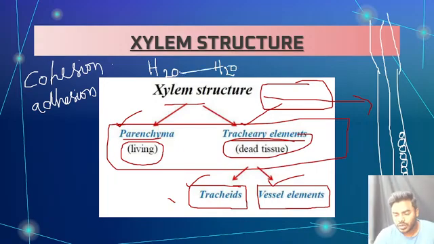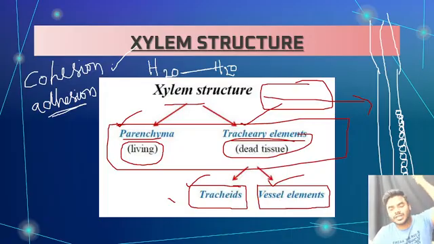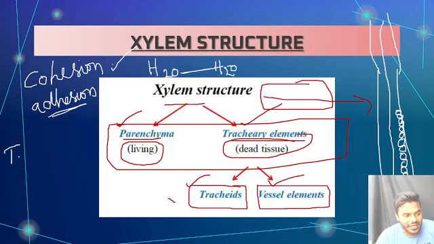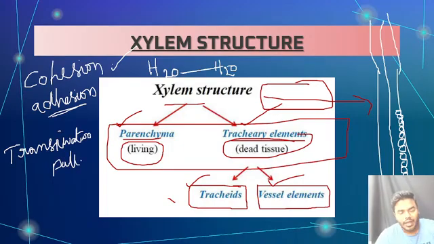Like this, one water molecule can be associated with another water molecule, we call cohesion. The next one, adhesion. All the water molecules are attached to the wall of the xylem. Now the water chain is ready. How does the water chain go up? The water chain goes up because of the transpiration pull. Because of a tension, we call it transpiration pull.